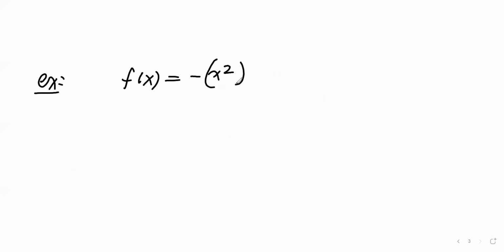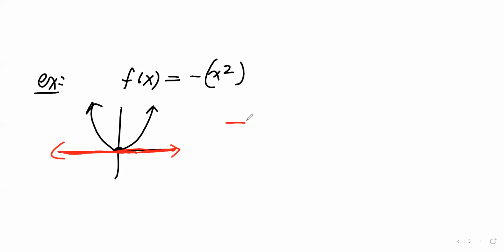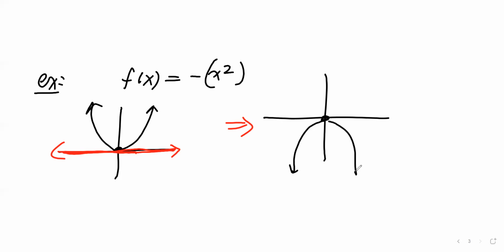See, x squared is a parent function, and this negative is outside. Let me just remind you of the parent function x squared, this parabola. Now I'm going to reflect this over this line. Therefore, it will move here. It will be flipped over this line.